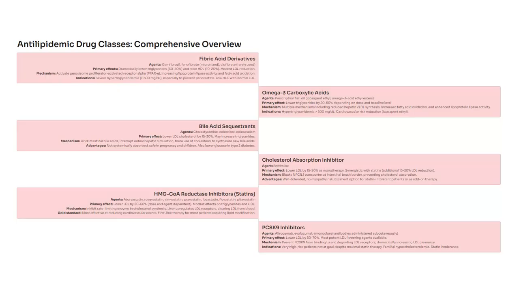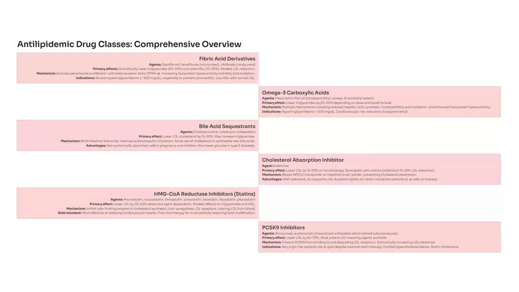They lower LDL by 20 to 60%. They have modest effects on triglycerides and HDL. So the gold standard, most effective at reducing cardiovascular events, first line therapy for most patients that require lipid modification.